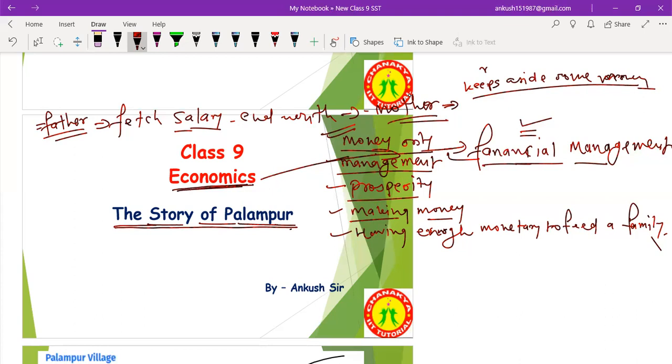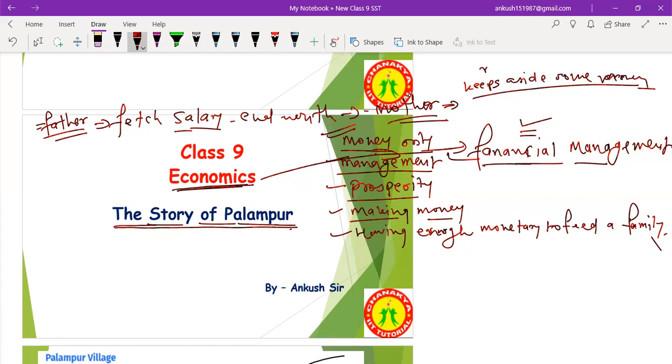Are you getting my point? The more economic activities take place in the village, definitely the financial flow will flourish in the village. Did you get it? Yes, sir.